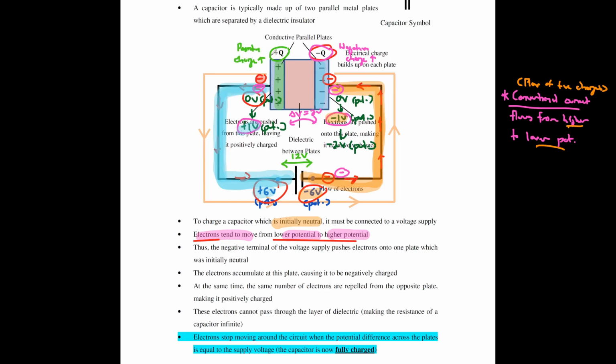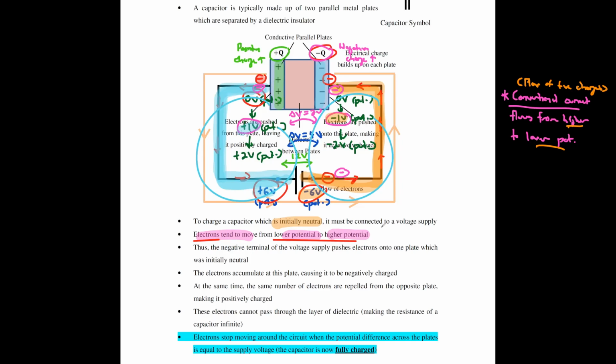It becomes even more positive, such that here your potential will now be maybe plus 2 volts. So now if you again look at your potential difference between them, it is now 4 volts. Okay, so again, if you then look at your diagram, there's still a difference in potential between the right and the left part of your circuit.